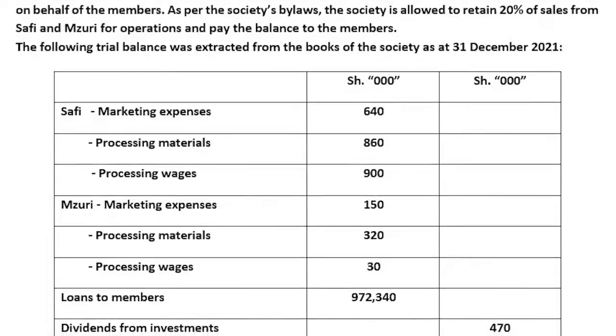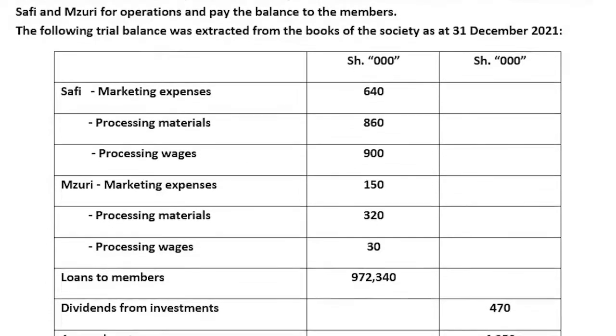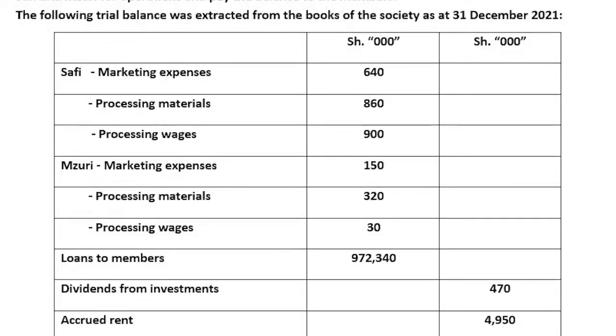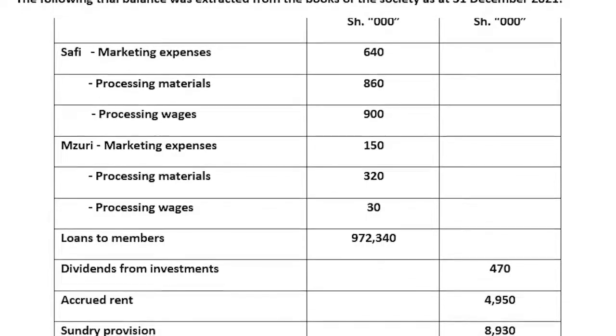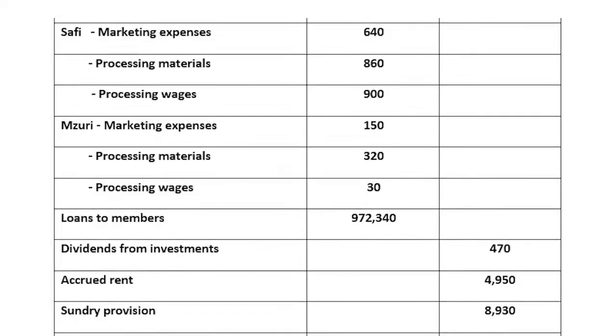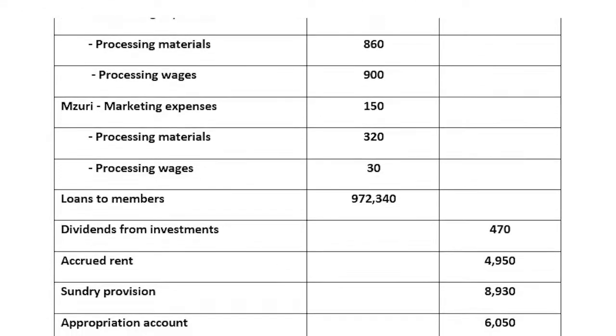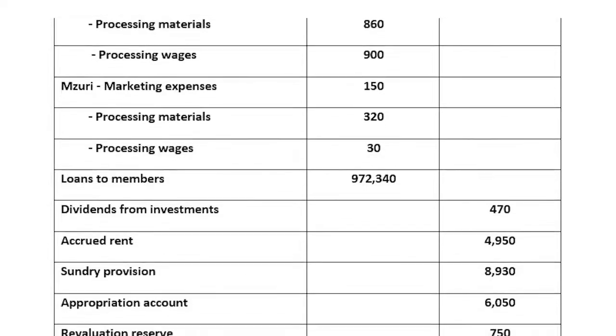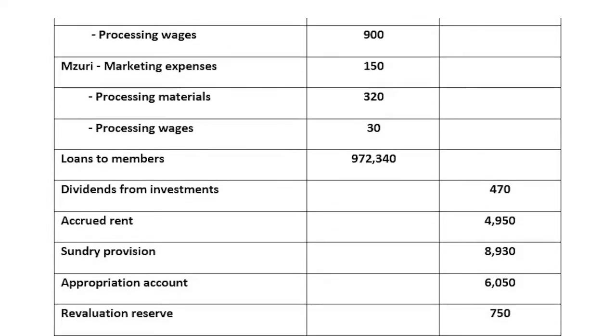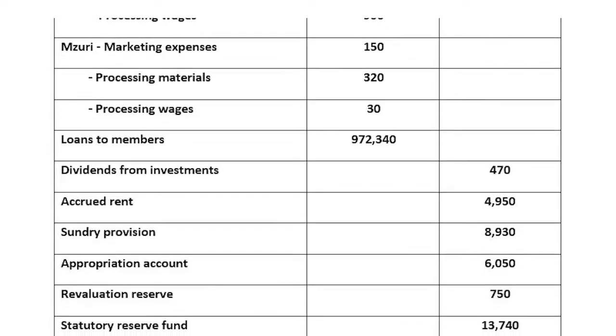We have expenses relating to Safi, which include marketing expenses, processing materials, processing wages, and then we have expenses relating to Mzuri, which include marketing expenses, processing materials, processing wages.